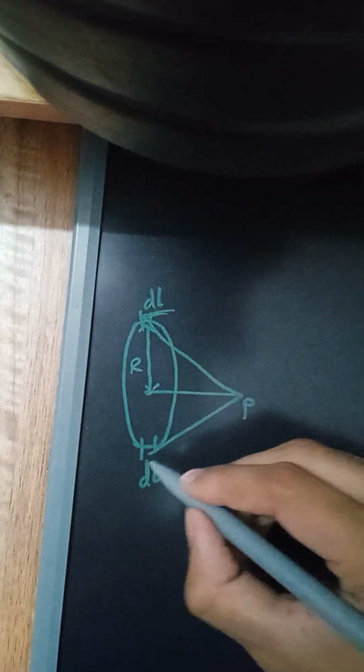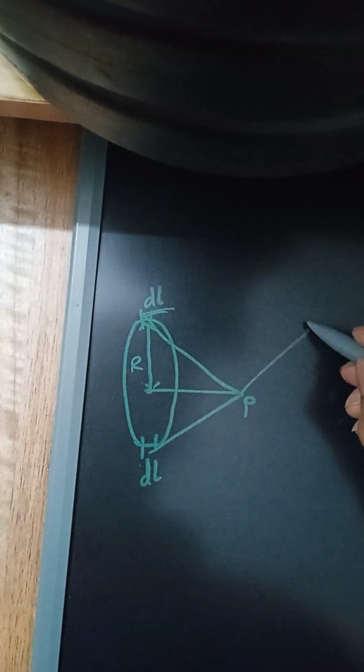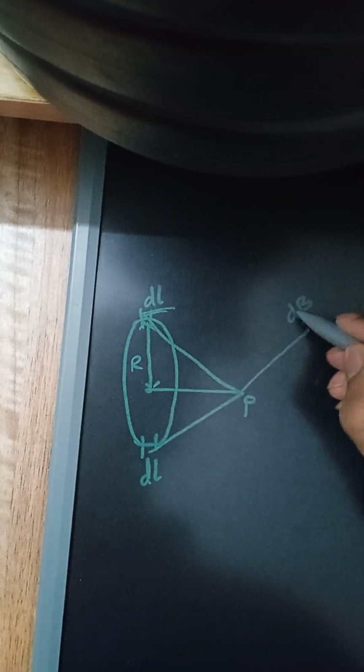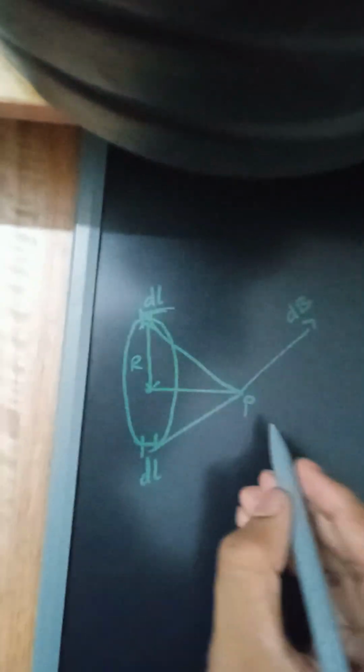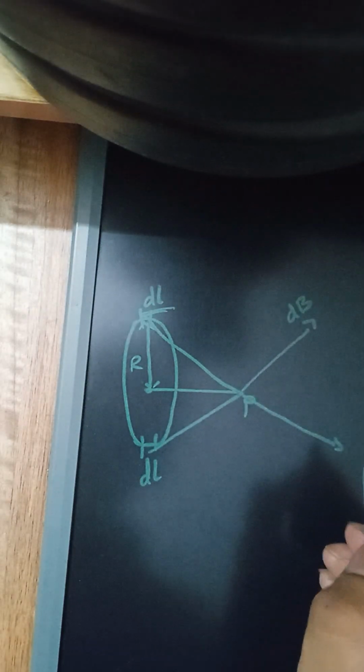Okay, so the magnetic field due to this current carrying element will be like this, dB, and the magnetic field due to this other current carrying element will be like this.